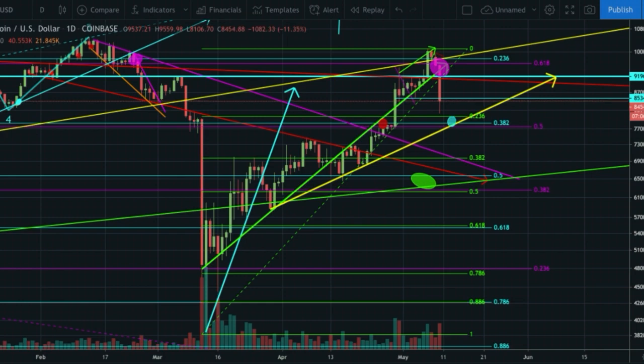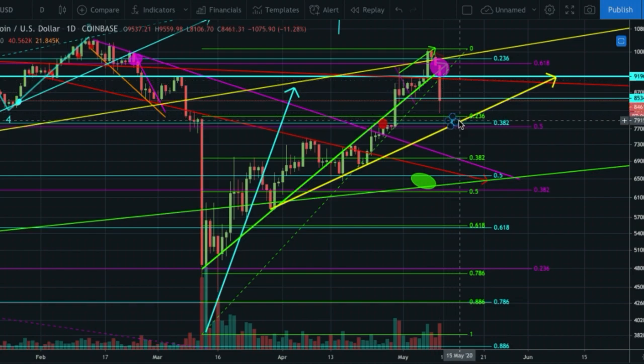I would expect at this point in time, if we continue to sell off here, I would expect the altcoins to lose market cap and more of that money to go into Bitcoin. So I think Bitcoin will sell off less proportionately than the altcoins will. You'll see consolidation a lot of times into Bitcoin from the altcoins, and then the altcoins selling off massively.